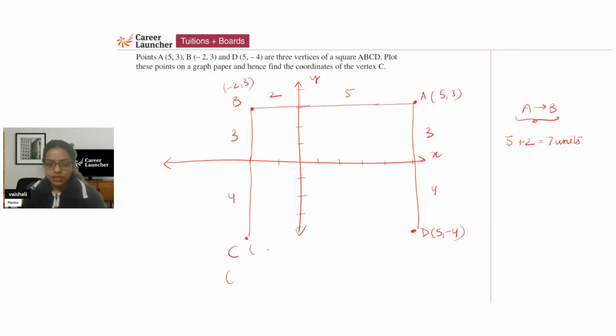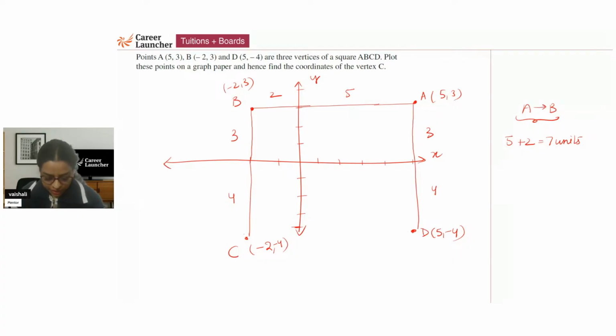So it means it is going to be something like minus 2 comma minus 4, and this is the coordinate for your point C. So the only concept is that the distance should remain the same so that the length of the side remains the same and does not change.